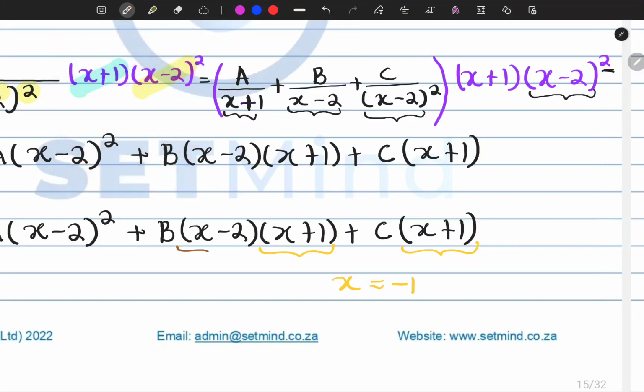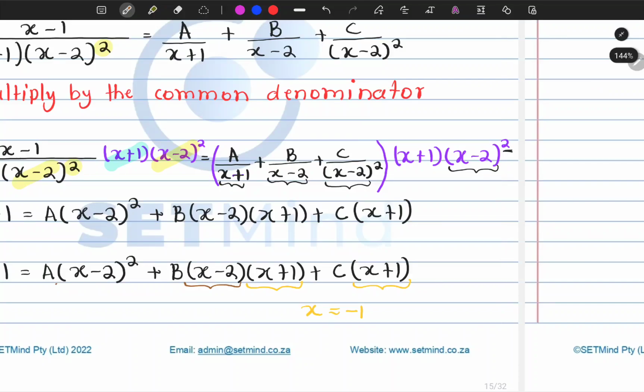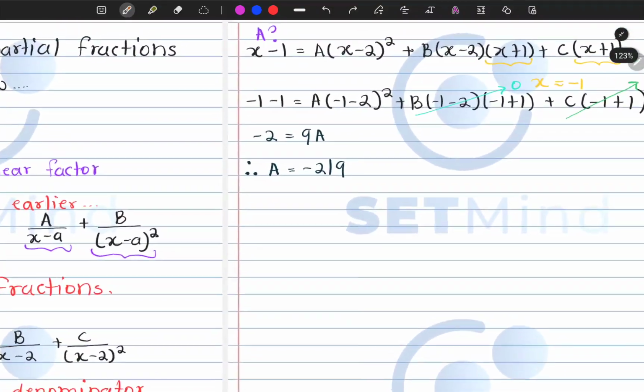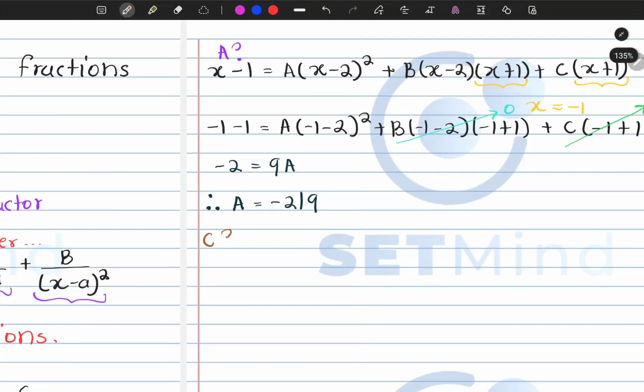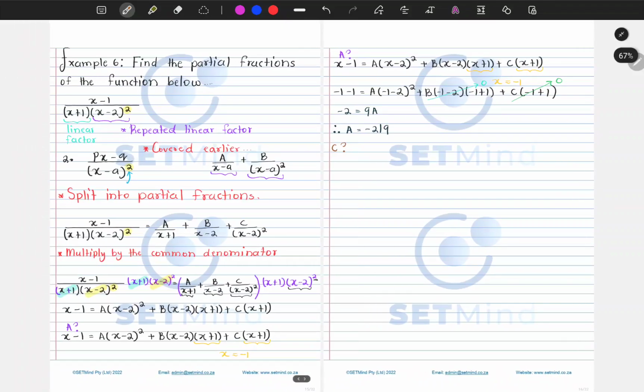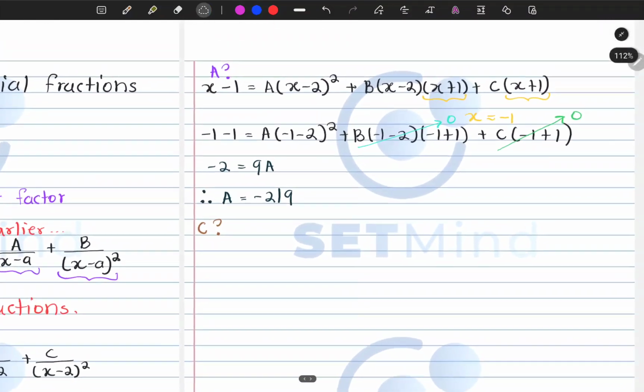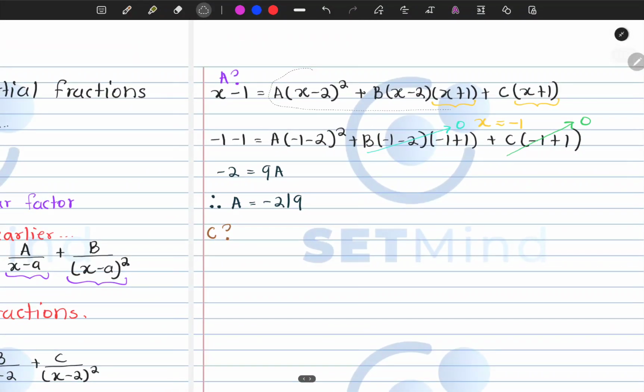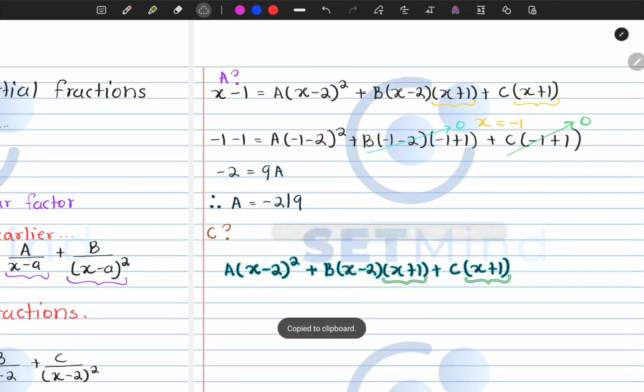It's because you can eliminate b by setting x is 2, and that will also eliminate a. So we can easily find the c. Let's go ahead and have a look at what is c. I'll take the equation, and where there was a, I'm going to replace it with whatever it is. Copy that. So we're looking for c now.